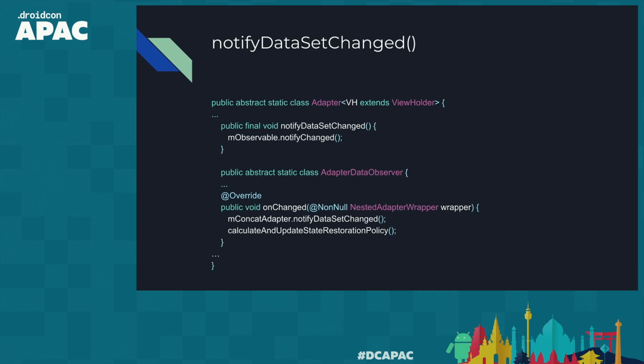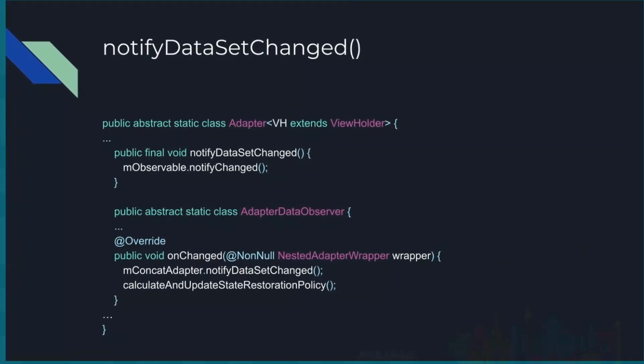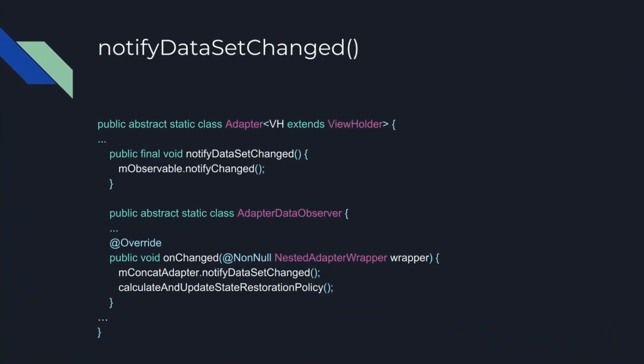Now let's look at some other APIs. What would happen if you call any of the notify methods on your adapter? If you're calling notifyItemRangeChanged or notifyItemInserted on an individual adapter, only that adapter's notify would be called. But if you're calling the notifyDataSetChanged method, then RecyclerView has no way to know how to properly call notifyItemRangeChanged on its internal API.